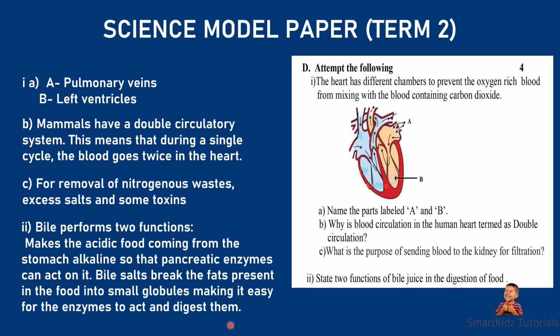So these bile salts help to break the big fat molecules into smaller globules, making it easier for these enzymes to act on them and process them into smaller, simpler molecules that can be stored or used for various requirements of the body.